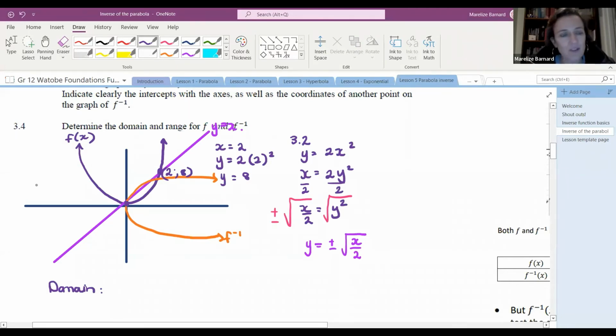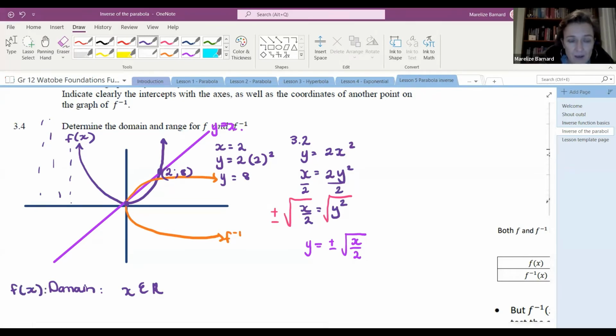Any x value. If I read the graph from left to right, all of these x values here can work. So x is an element of the reals. Any x value for f of x. That's the domain.